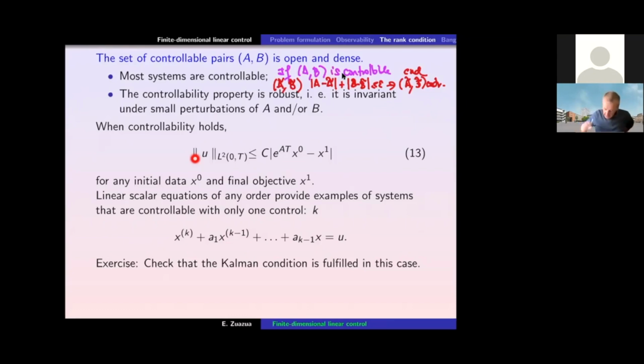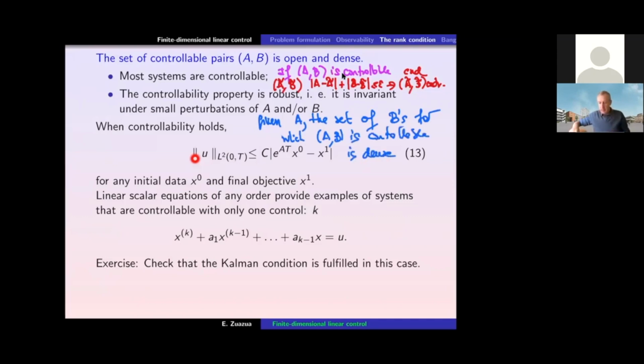On the other hand, I claim that the set of controllable systems is dense. In particular, I claim the following: given a matrix A, the set of B's for which A B is controllable is dense. Why is that?